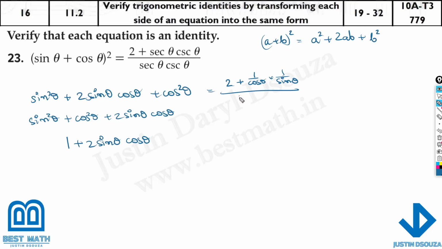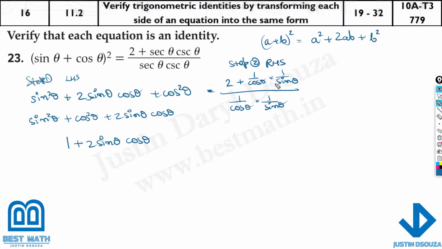Divide this entire thing by again 1 by cosine theta multiplied by 1 by sine theta. Now here when we simplify, it's better to do this as step 1 LHS, step 2 RHS, the right hand side, because otherwise it'll be messy because there are many steps for each of them. It's not the equal steps.